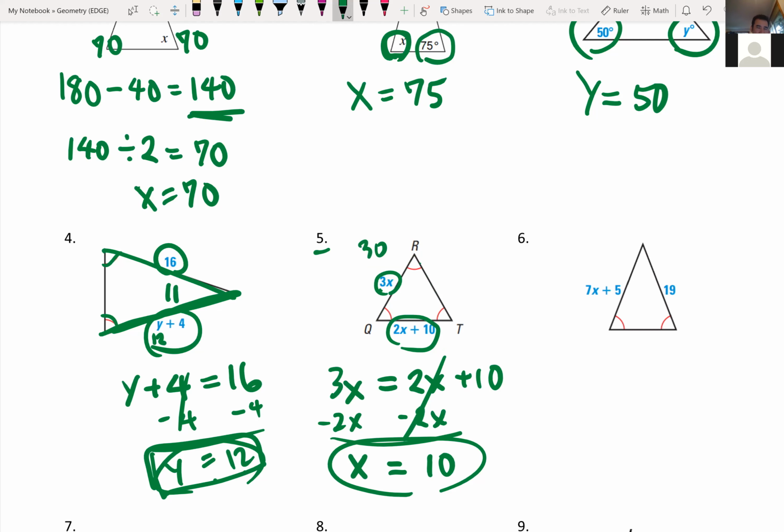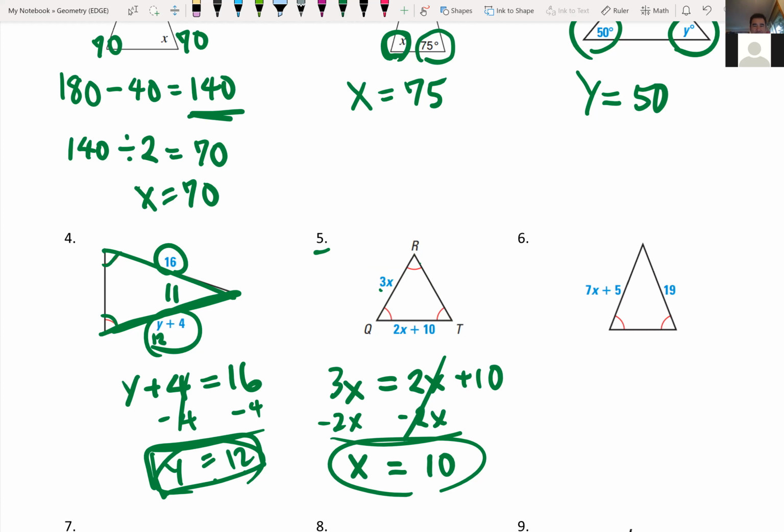And then 2 times 10 is 20. 20 plus 10 is 30. Yeah, because that means this length is 30. This length is 30. And this length is also 30 because it is an equilateral triangle. Okay.